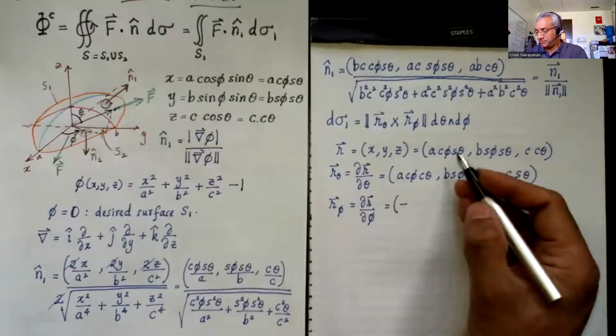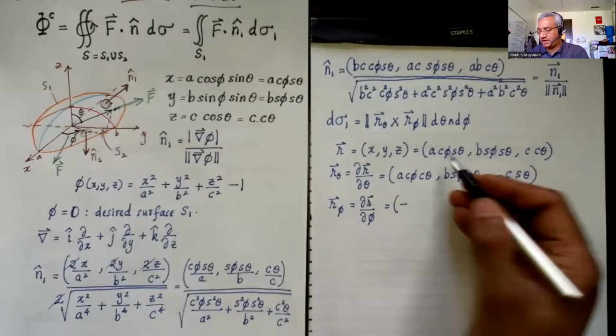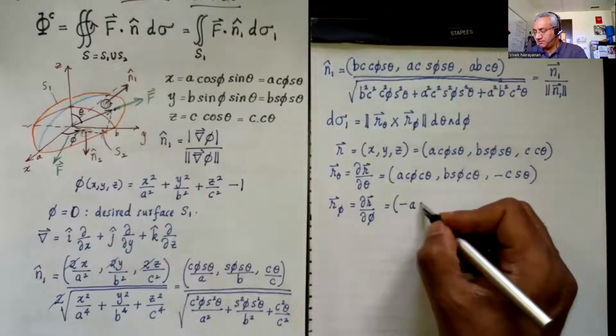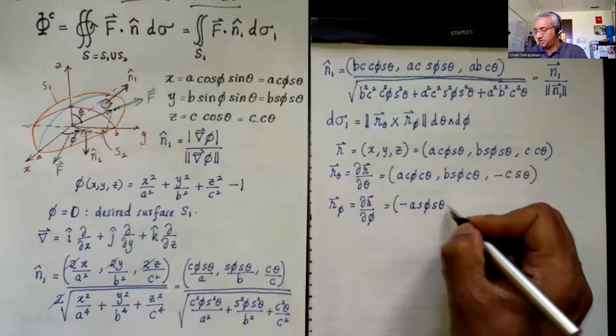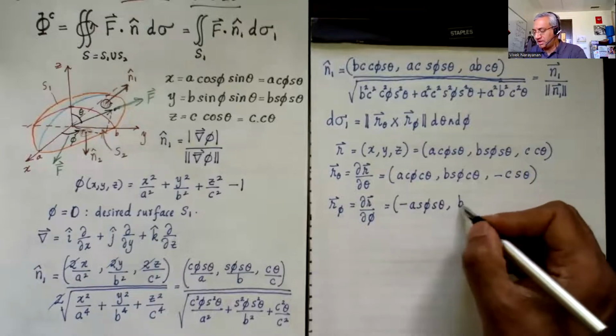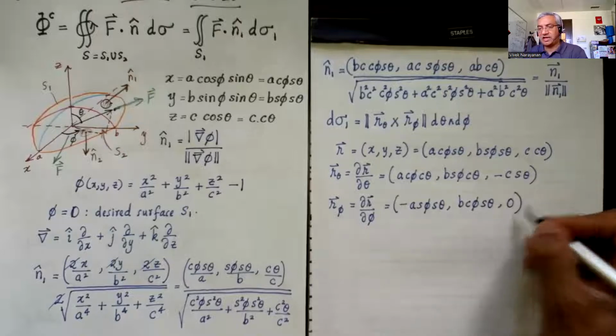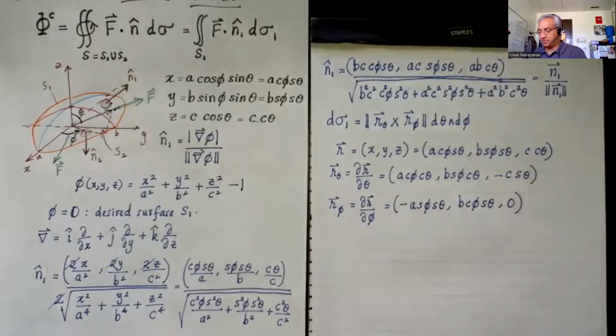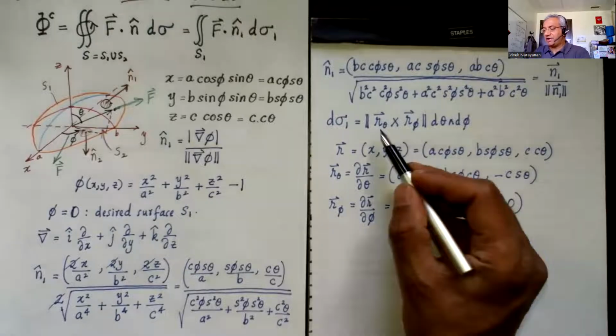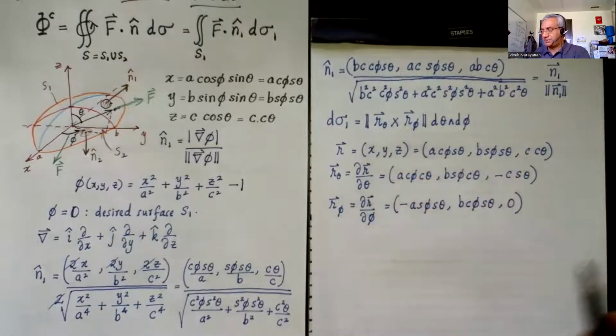So that's going to be negative, because when I differentiate cosine, I get negative sine. So a sine phi sine theta, b cosine phi sine theta, 0, because that term does not depend on phi at all. Now we just have to find the magnitude of the cross product.